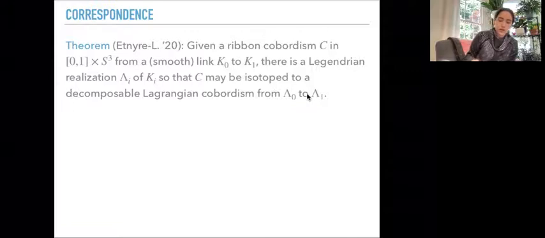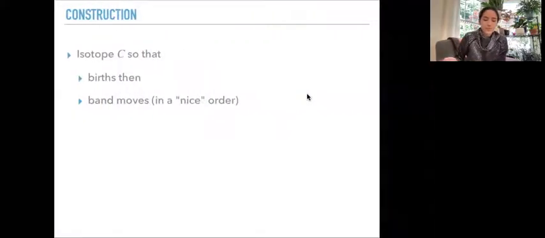So let's see how we construct this. First, you take your ribbon cobordism from K0 to K1, and you isotope it so that all of the births happen first, and then you do band moves. We want to do the band moves in a nice order.